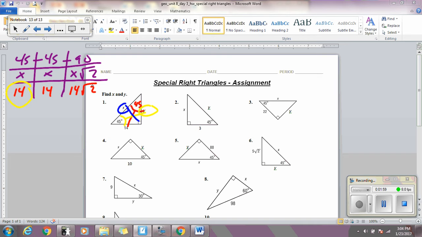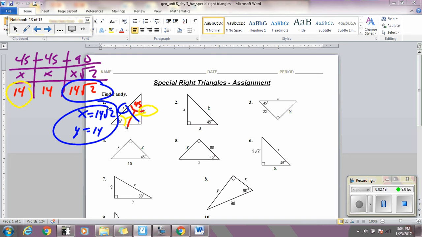So that means x is 14 square root of 2. So again, I repeat, and you probably need to rewrite it, but x equals 14 square root of 2, and y equals 14. And then box your answer. That's your answer. That's it.